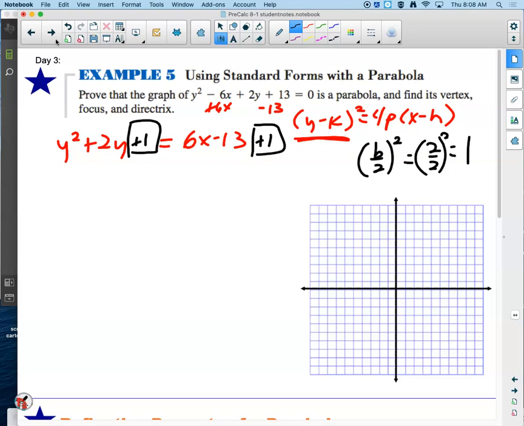So now, I have my y squared plus 2y plus 1 on the left, and a 6x minus 12 on the right. And I know I need to be y minus k squared, and that just means I've made my perfect square trinomial. Now I need to factor it as a binomial squared.